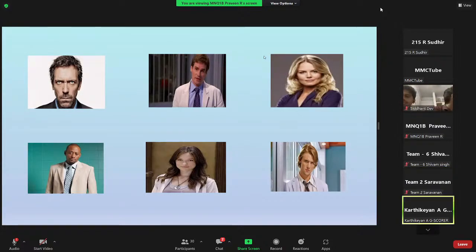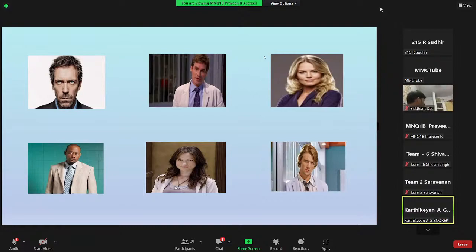So, we'll go on to the final placings for the teams. In the 6th place is Team 5 from MMC with 305 points. In the 5th place, we have Team ESIC with 490 points. In the 4th place, we have Team JIPMER with 560 points.